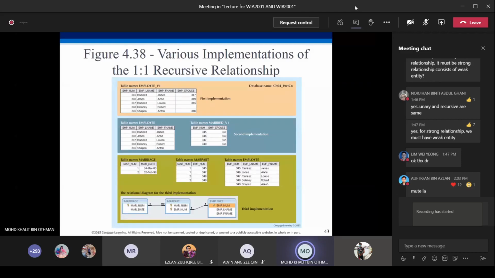So we have duplicate data. This is the problem of the second implementation.